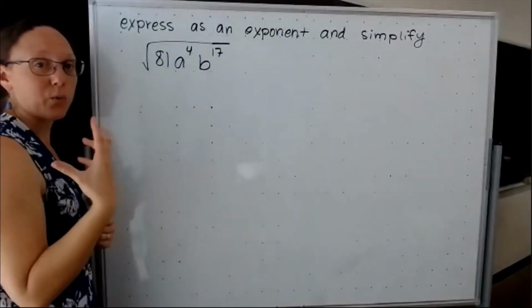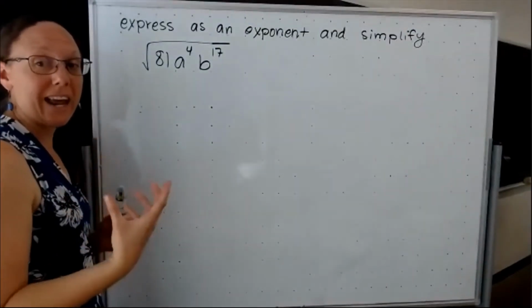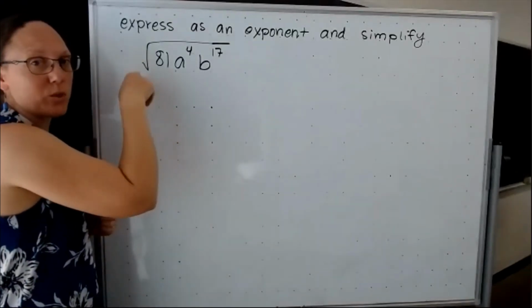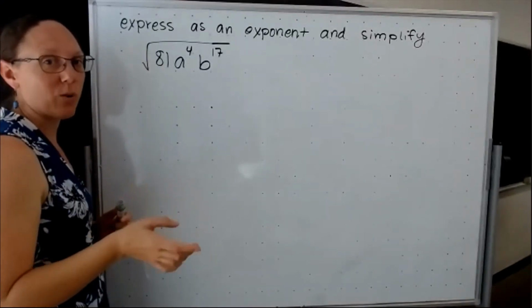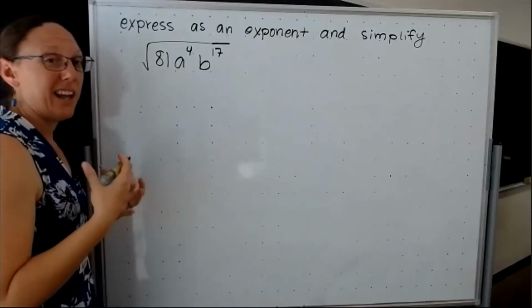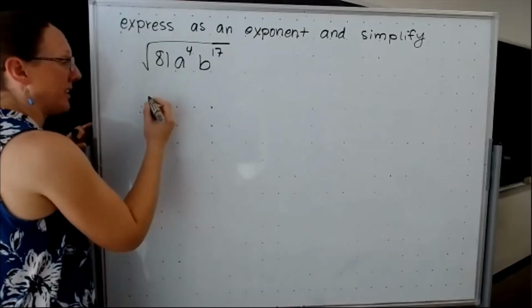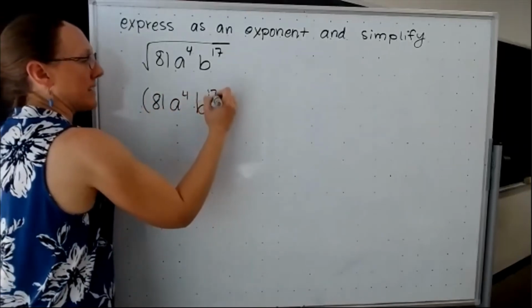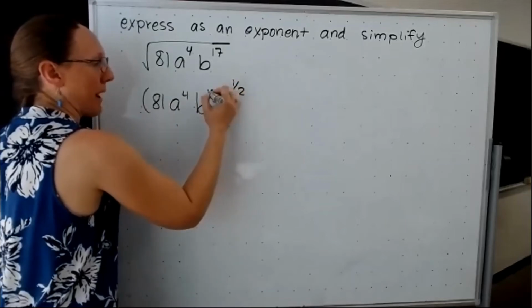Okay, so first of all, if we're going to express as an exponent, there's no number here, which means that we're taking the square root, or the invisible number would be a 2. I could take a minute to write that as 81 a to the 4th b to the 17th all to the 1/2 power.